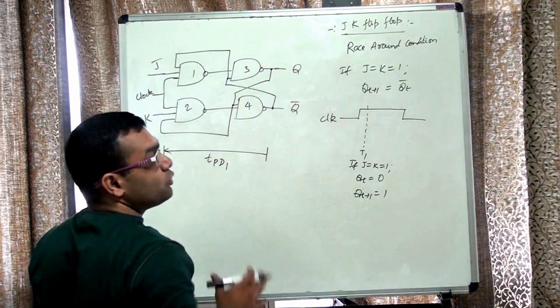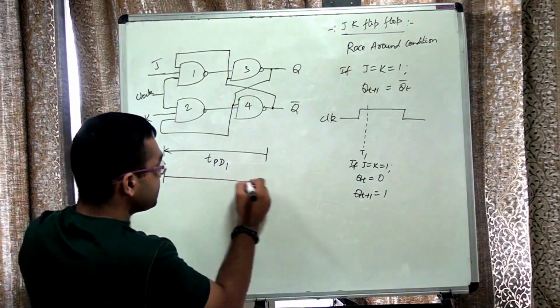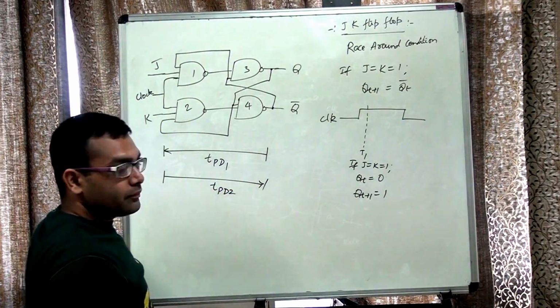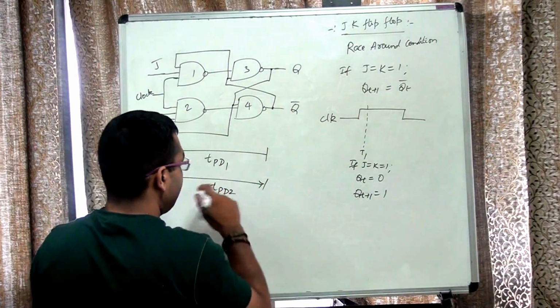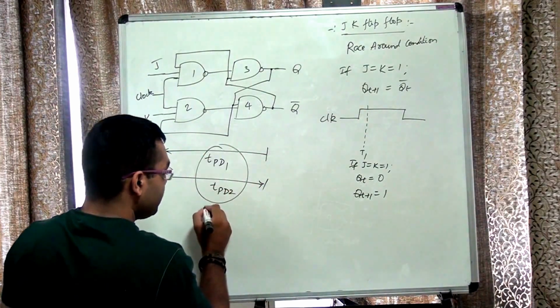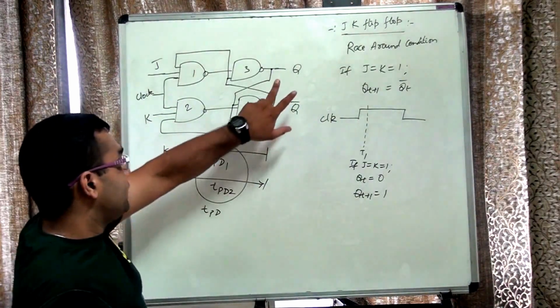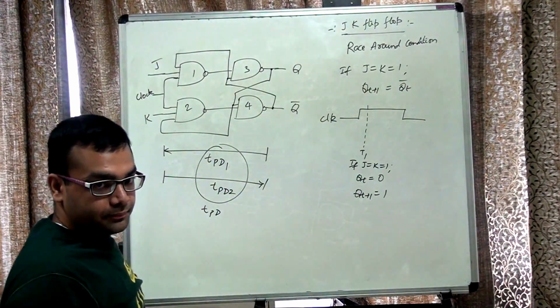The time it takes for the value to appear again at the output, we call tpd2. The combined delay of tpd1 and tpd2 is tpd, my total propagation delay: the value going from output to input and then back to the output.